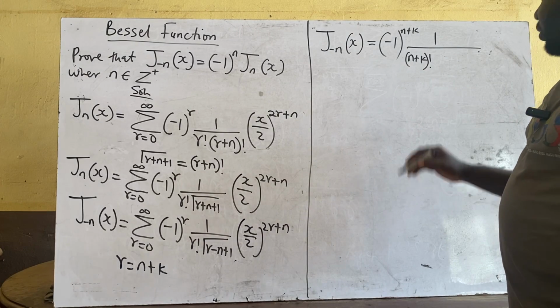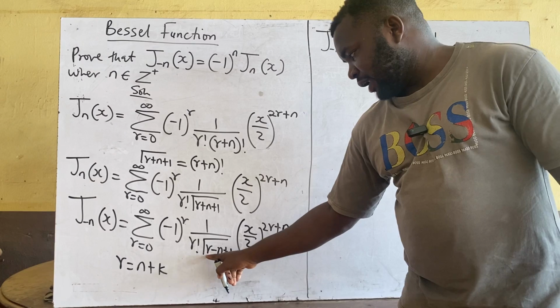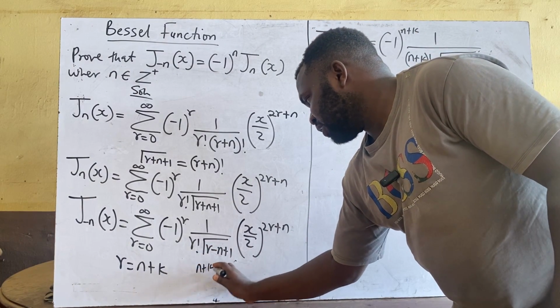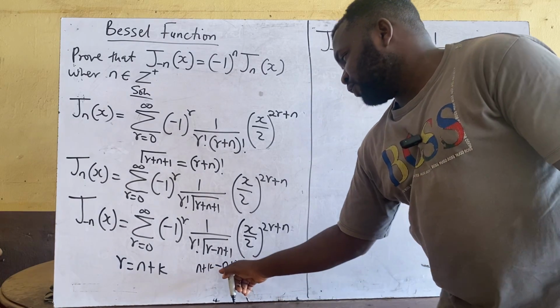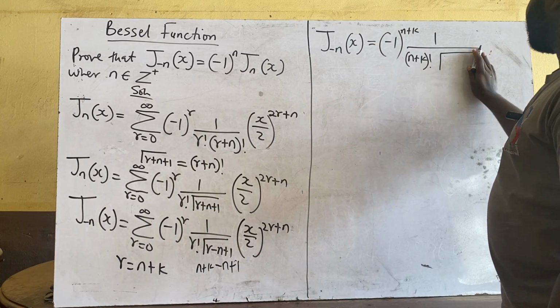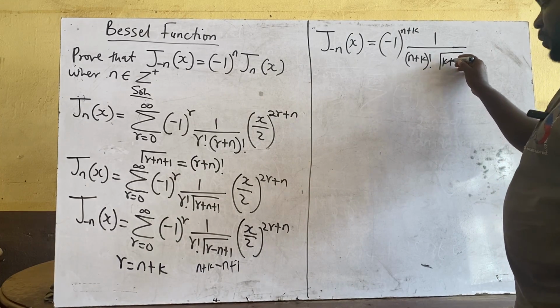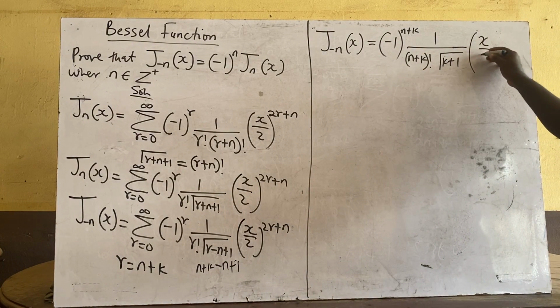Okay, all factorial, then the gamma function of, I'm seeing r here, so this is going to be n plus k representing this one, then minus n again, then plus 1. So if you look at this, n minus n will cancel, so I'm left with k plus 1. So this is the gamma function of k plus 1. Okay, then I'm having x over 2 here.